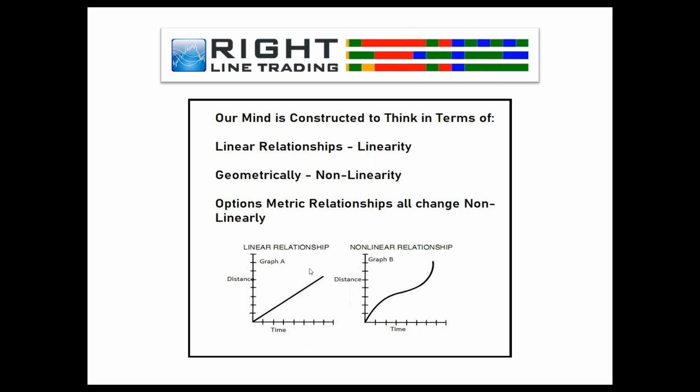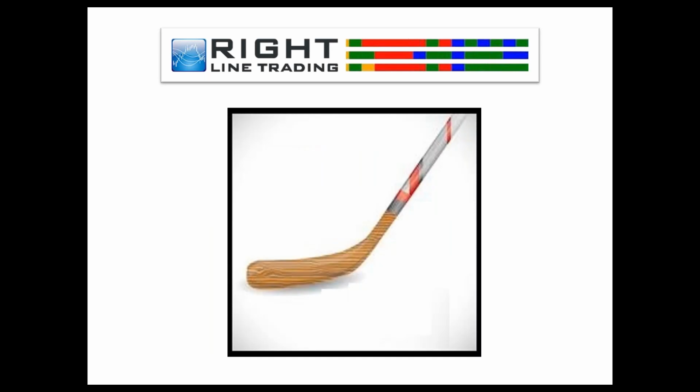So I'm sorry. Here's our linear relationship, and here's our nonlinear relationship. Now, what we want to do when we trade options is use them to leverage that nonlinear relationship.